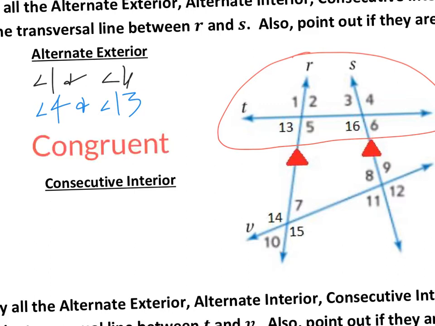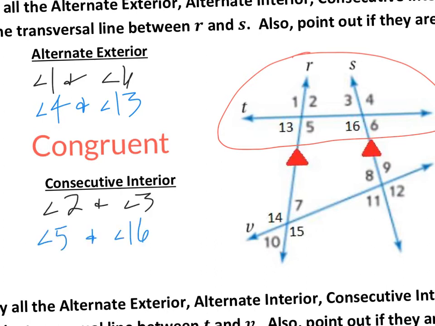All right, so the next thing to talk about are what are my consecutive interior angles. Consecutive meaning they're next to each other. They don't skip over any lines or any angles to get to one another. They're also called same side interior angles. So they're on the same side of the transversal. So angle 2 and angle 3 are consecutive to one another, and angle 5 and angle 16 are consecutive to one another.